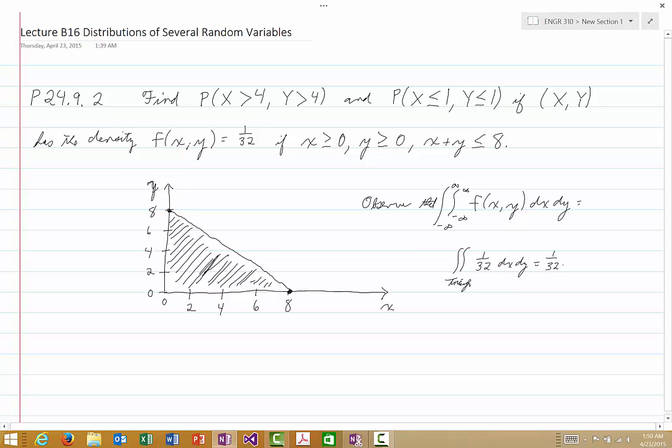So we get 1/32 times the integral over the triangle of dx dy, and the integral of dx dy over a triangle is just the area of the triangle, so we get 1/32 times the area of the triangle.